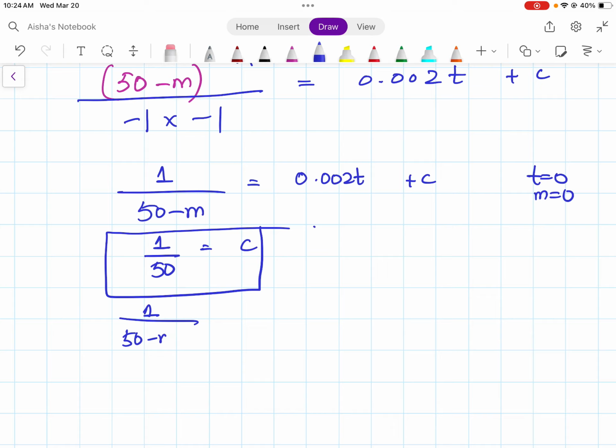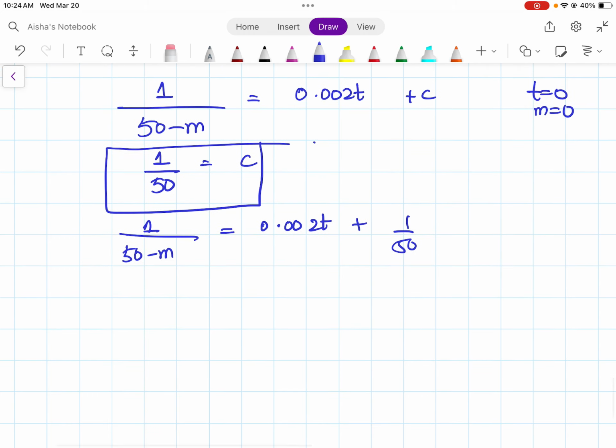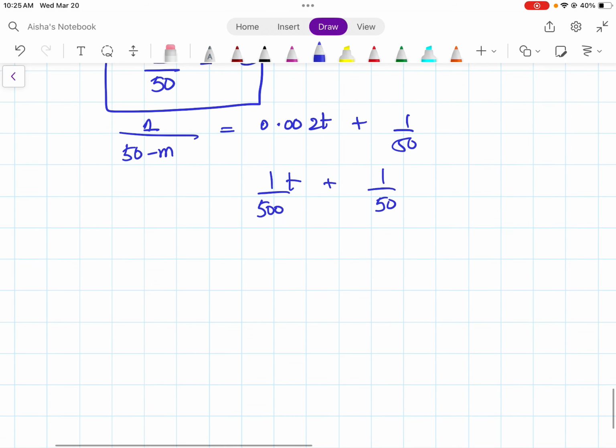Plug it in. Now t is 0. It is 1 upon 500 t plus 1 upon 50.